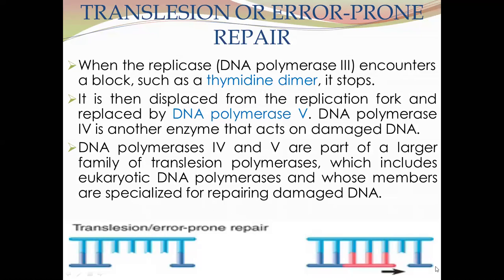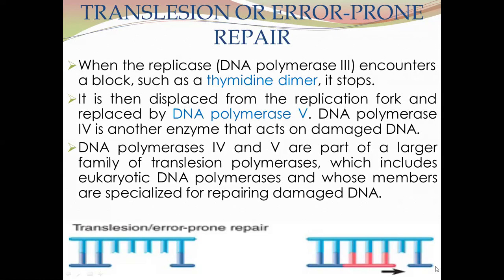So this family of polymerases has members which have the capacity to act on damaged DNA, and they continue the replication process and bypass the damaged segment of DNA. Thus after the replication process, the newly synthesized DNA duplexes have some errors at certain places. So this repair system is known as the error-prone repair system.